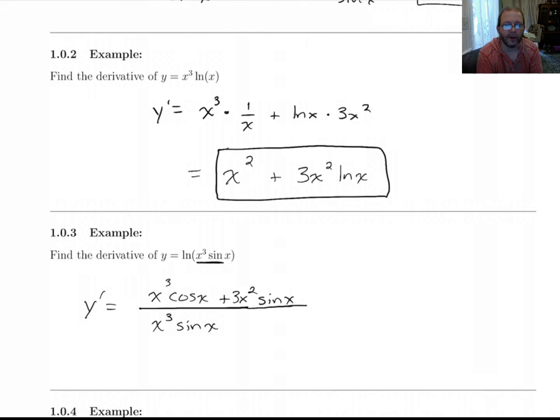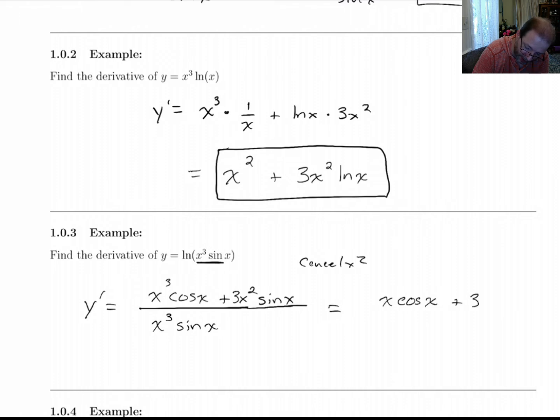I'm going to put it there in the front. Let's see, can we cancel anything? Well, the only thing that's common to both terms on top and on the bottom is x squared. So I'm going to cancel x squared. And so this becomes x cosine x plus 3 sine x over x sine x.